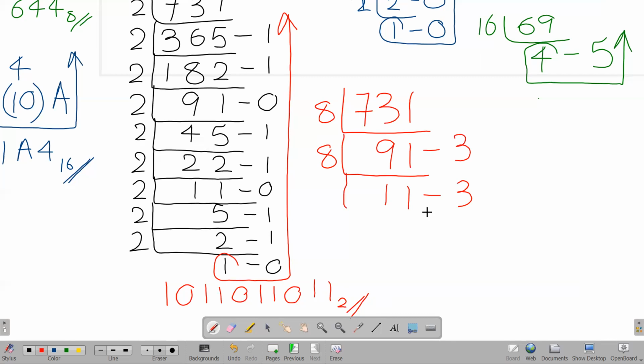We can divide the 11 by 8 again, and we can say 1 and 3 is remaining. So the final answer is going to be 1333 in octal.